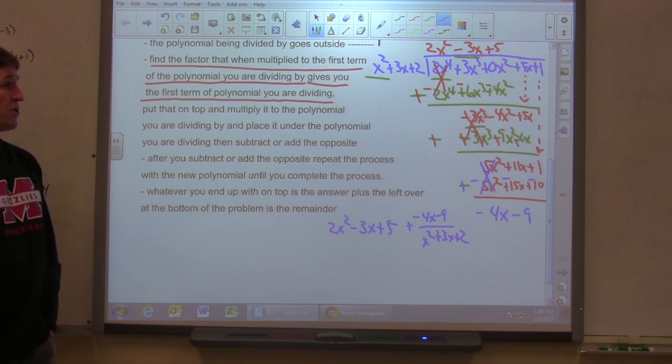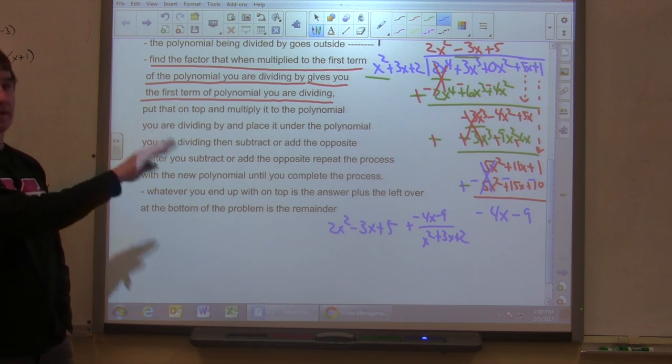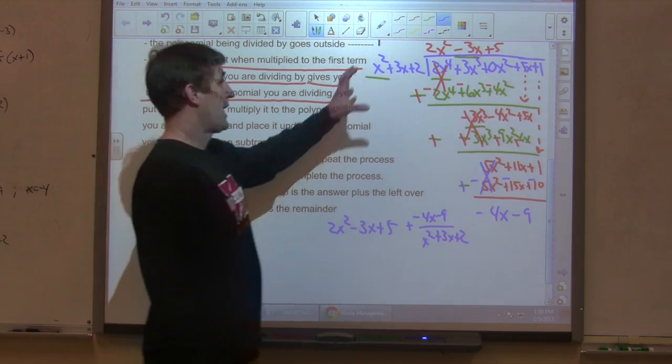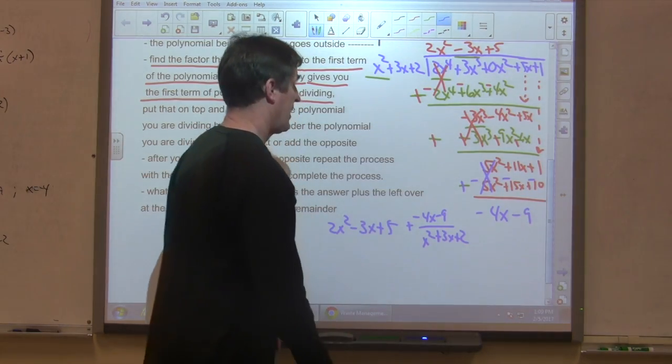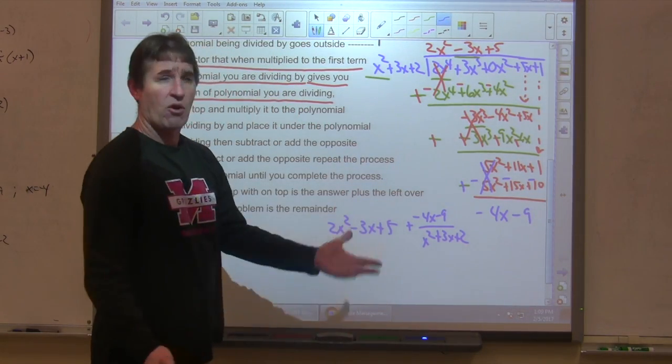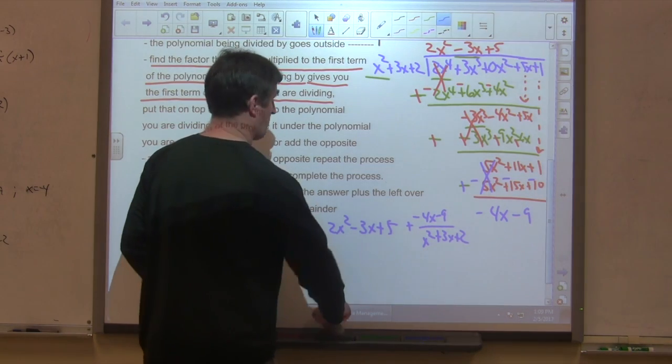And we're done. So it's a long process and it's kind of slow. But take it step by step, and it's not that hard. It's just a little bit of a long procedure.